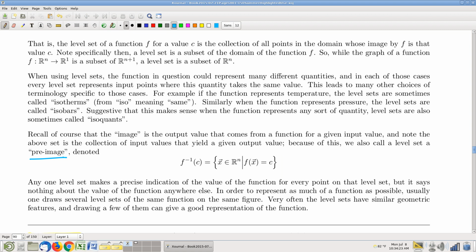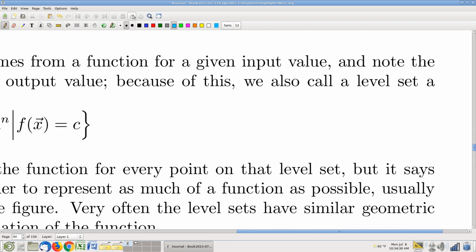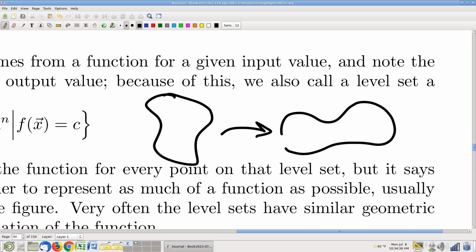Y'all know what an image is. Let me come over here for a second. If you have a domain and a function and a target, I'm just drawing this schematically.